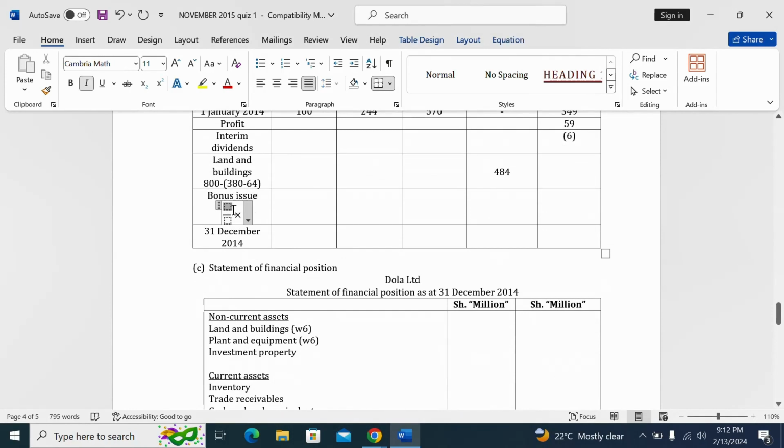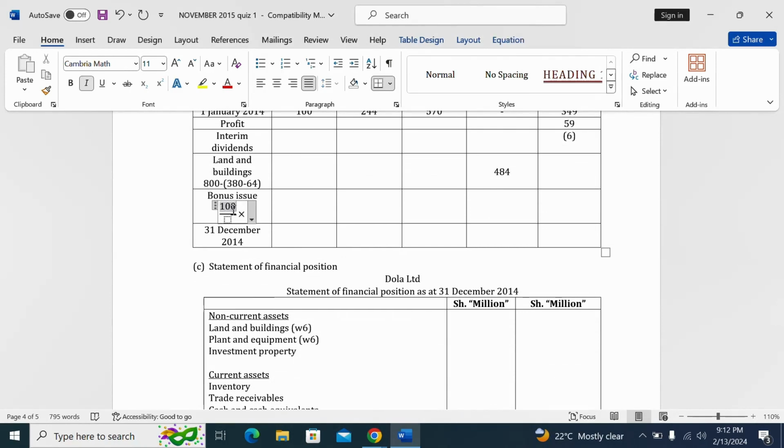That is the value of the shares. Then you divide by 10 to get the number of shares, and you multiply by 3 to get the new number of shares.